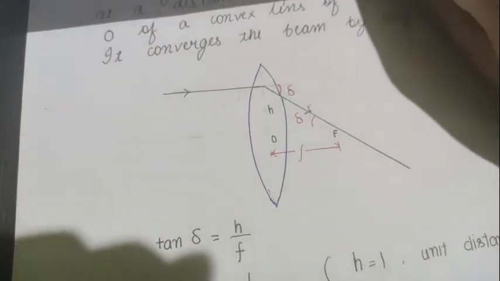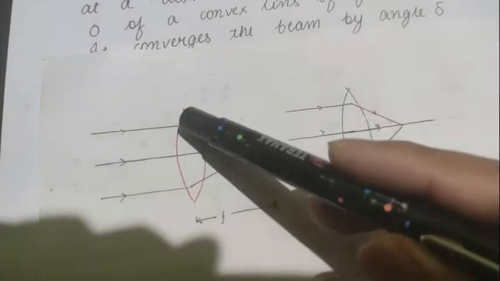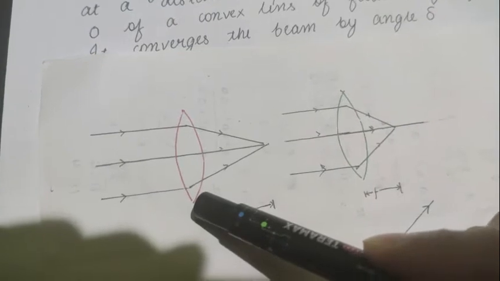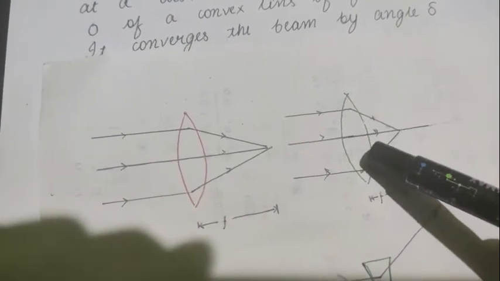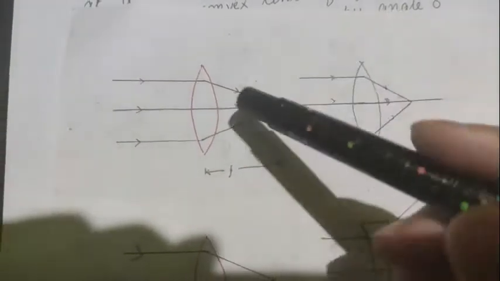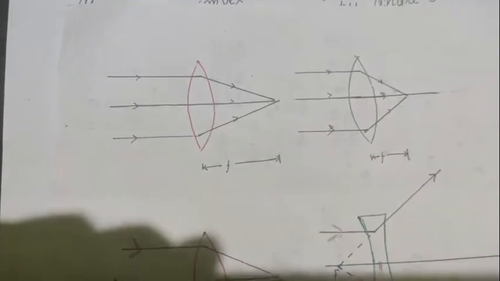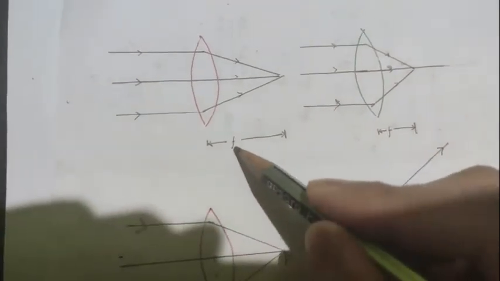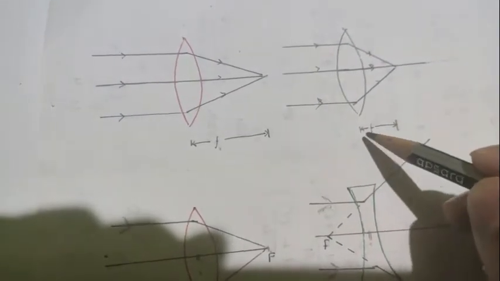To understand it properly, what you can do is consider these two kinds of lens. In the first case we have a red convex lens. In the second case we have a green convex lens. The red convex lens has a focal length f, whereas your green convex lens has a different focal length.